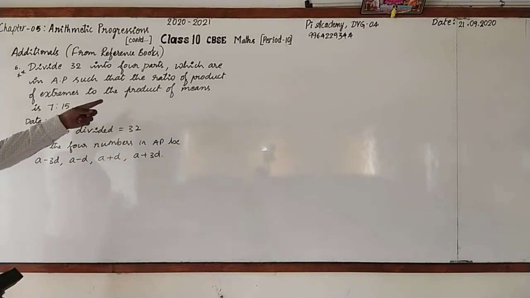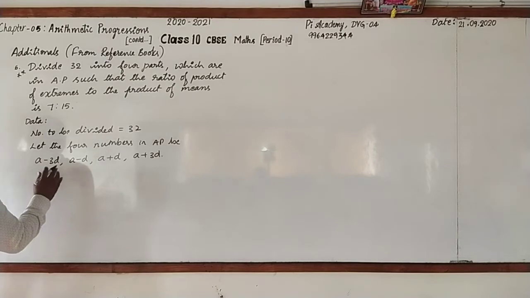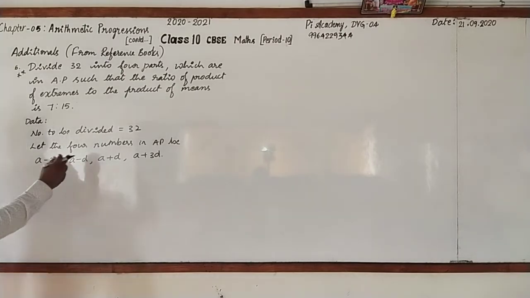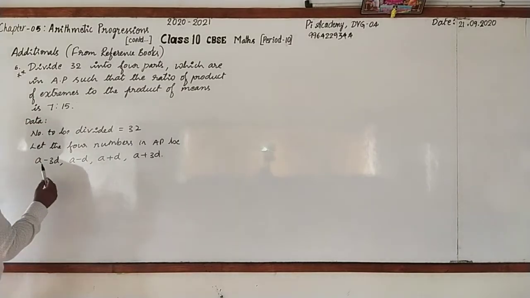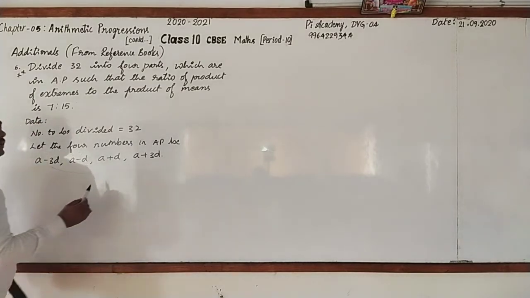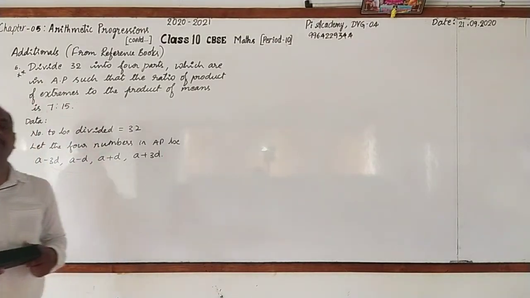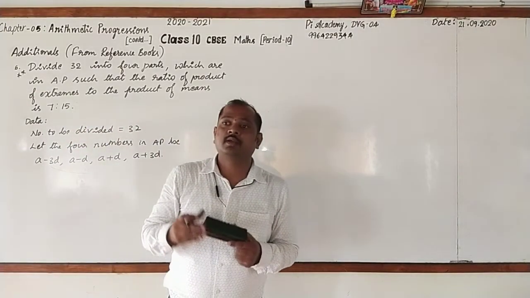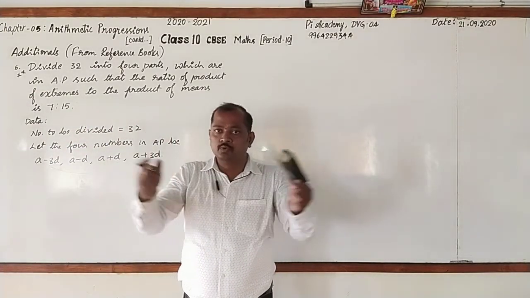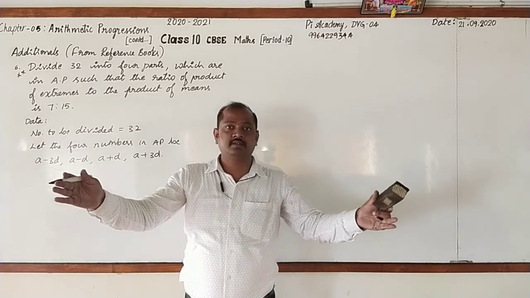They have given the ratio of the product of extremes to the product of means. Here these are the 4 terms. Which are the extremes? The extremes are the terms at the ends. Many times we use such words in the examination, or your teacher will ask you to move to the extremes, that is the ends of the desk.